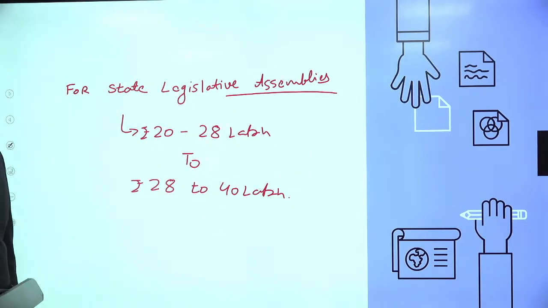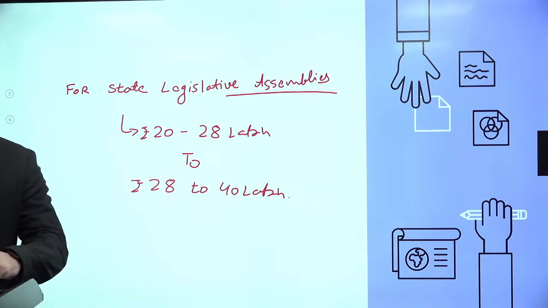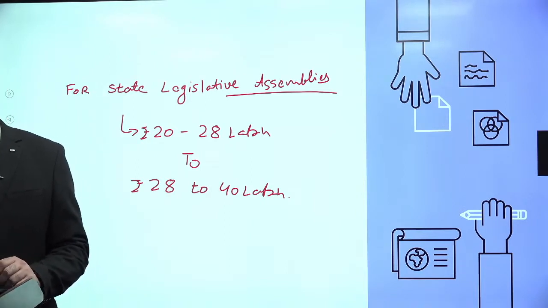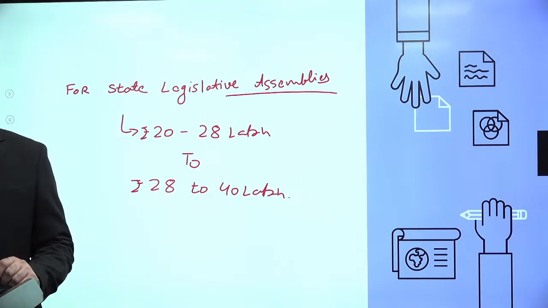Okay, so it is done by the Election Commission after it appoints the ECI Committee on Expenditure Limit. Please write this down.